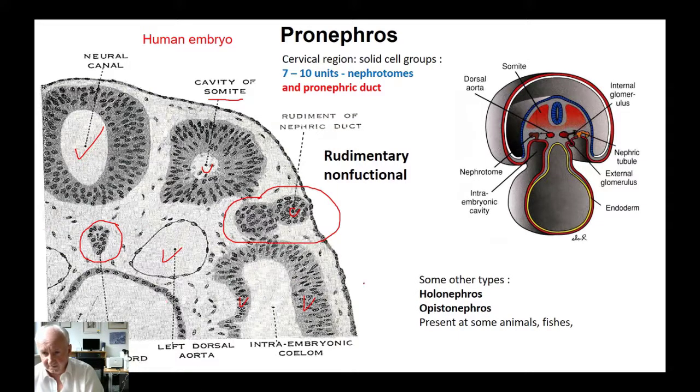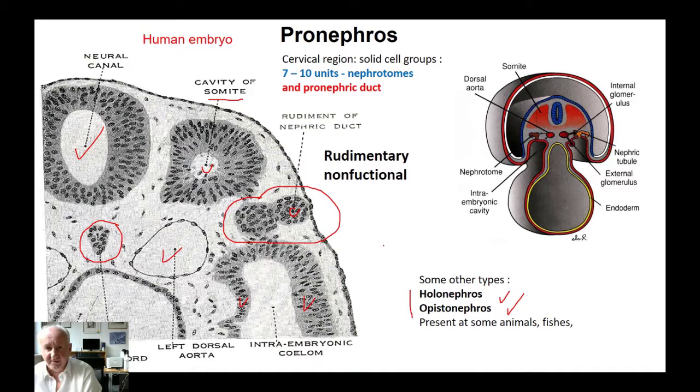As you can see, there is also existing holonephros or opisthonephros. Such systems are developing in some types of animals, in some types of fishes. It's present in amphibians, and so on.